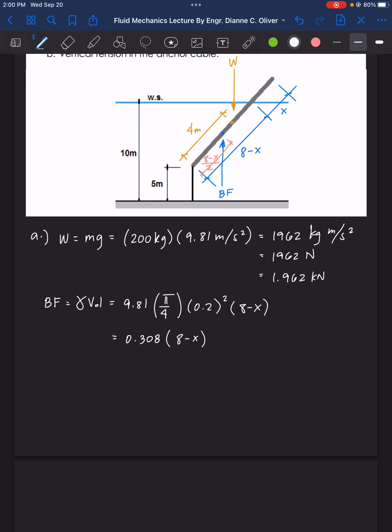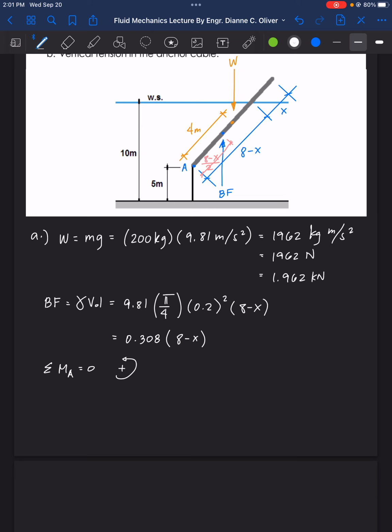Then to find the values for buoyant force and the weight, let's have a summation of moment at point A. Summation of moment at A is equal to 0, positive counterclockwise.